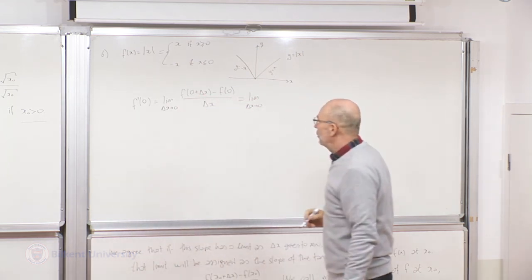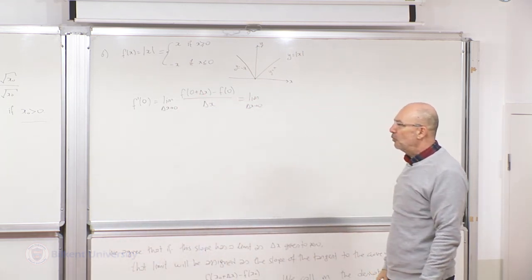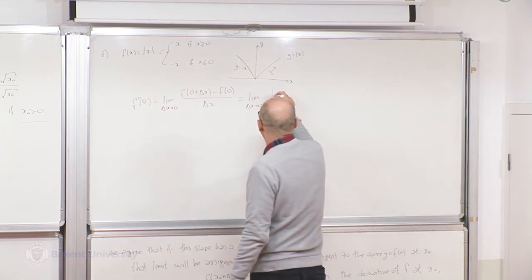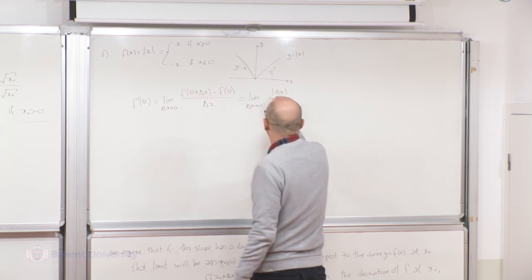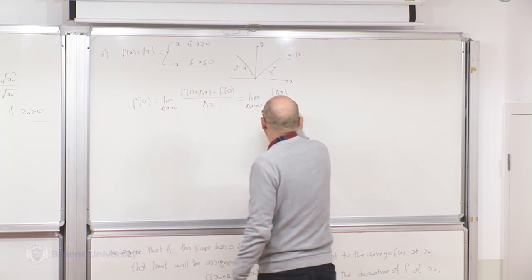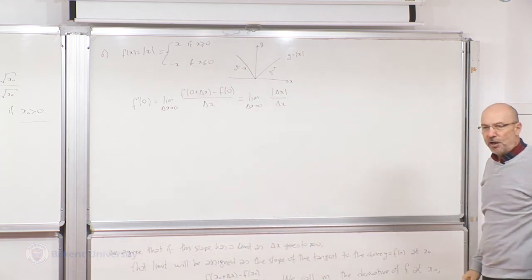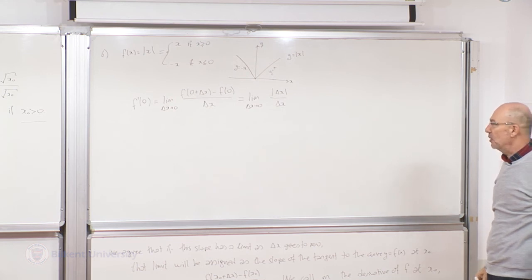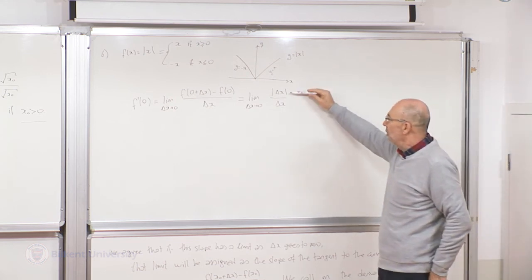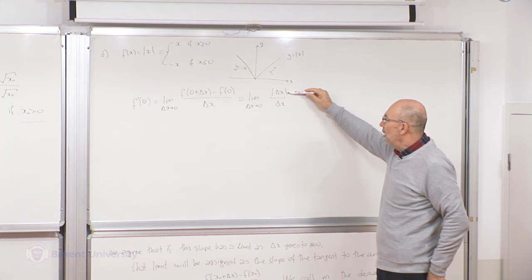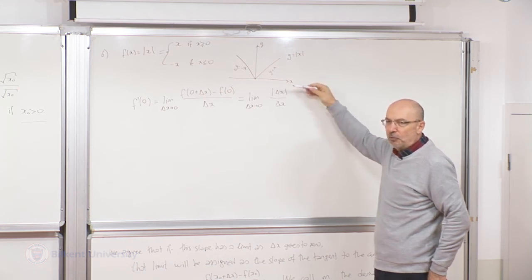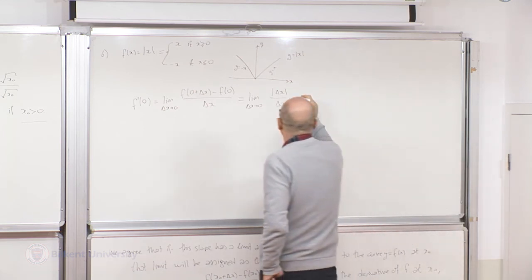Okay, so this is 0 plus delta x, which is delta x, absolute value of delta x, minus 0, divided by delta x. Okay, so I want to check if this limit exists. But the value of the absolute value changes depending on the sign of this. So I have to do two limits here.